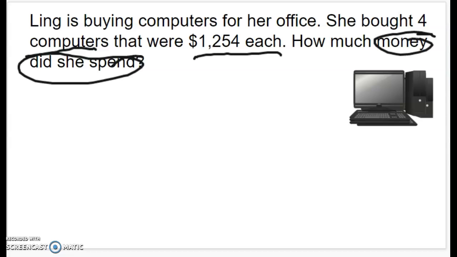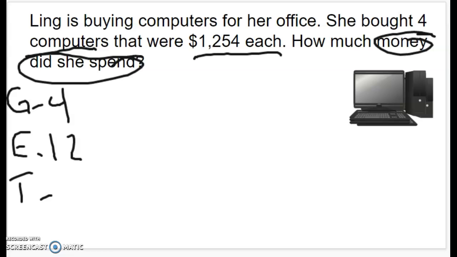So once again, we can think groups, each, total. How many groups do we have? 4. Those are the computers. Each group is 1,254, and we don't know our total. That's what we're trying to find.